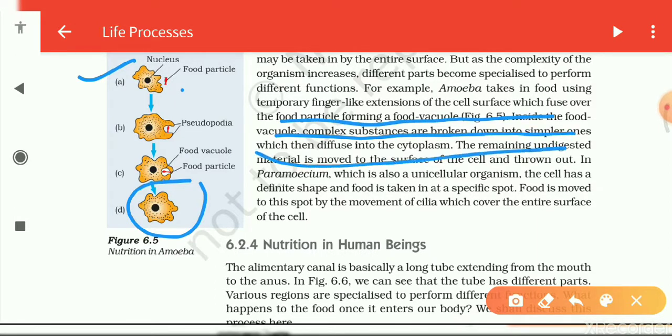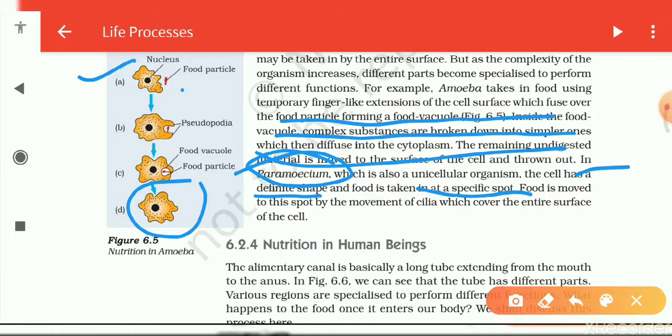Same things are written here, but one more thing is also given about paramecium. You know, students, paramecium is also a unicellular organism, and it can move with the help of the cilia. The function of the cilia is that it helps in the movement and taking the food also. But this cell has a definite shape. Amoeba has no proper shape, but this one has a definite shape, and the food is taken into a specific spot.